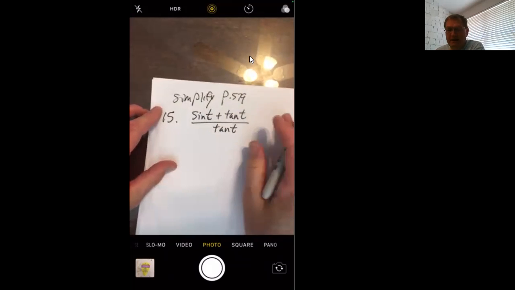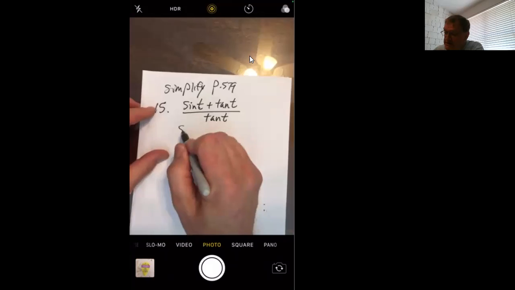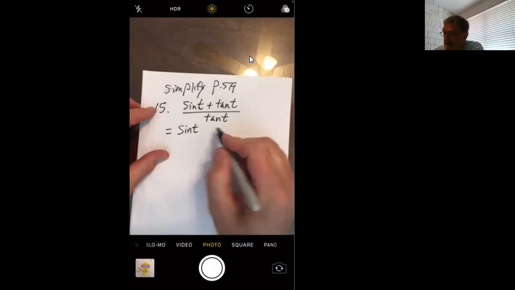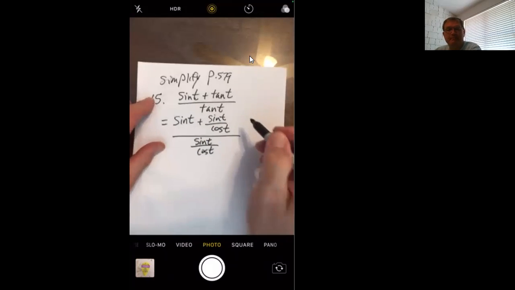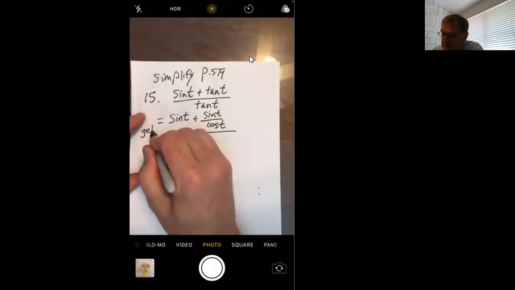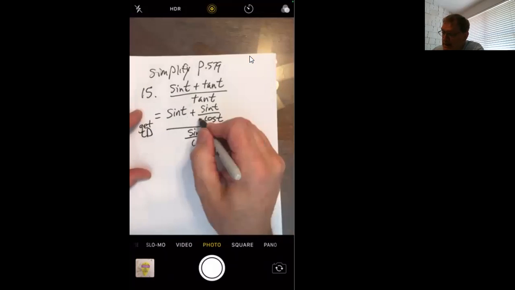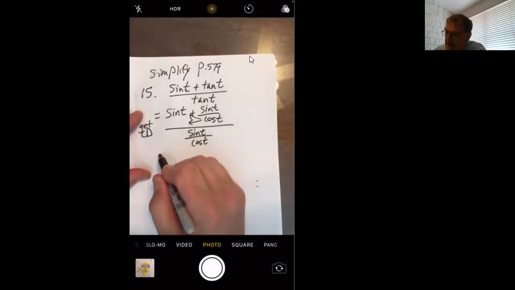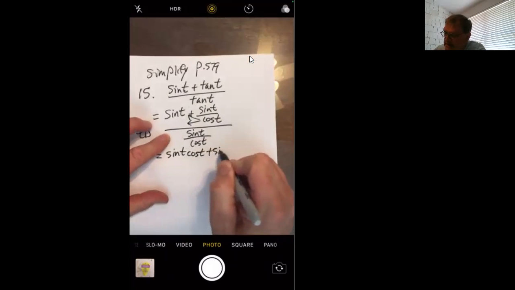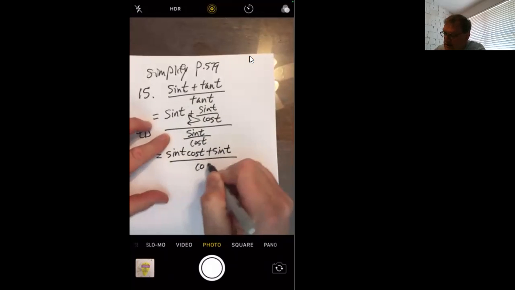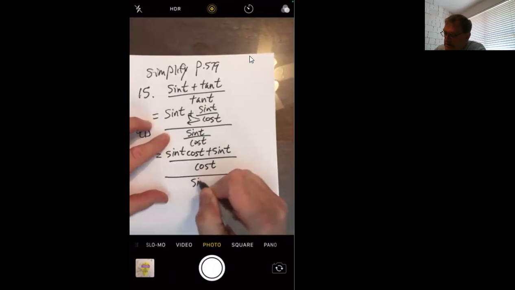Well, once again, one of the main things is to convert to sines and cosines. So how about a sine t, add a sine t over cosine t on top, and you're dividing by a sine t, cosine t. Well, you get common denominator over here, and then up you'll have a sine t cosine t, add a sine t all over cosine t, and that's over sine t cosine t.